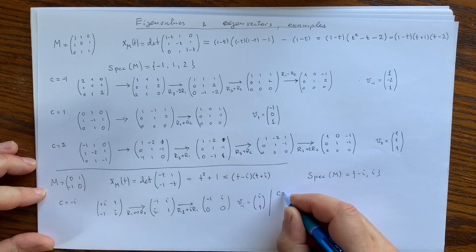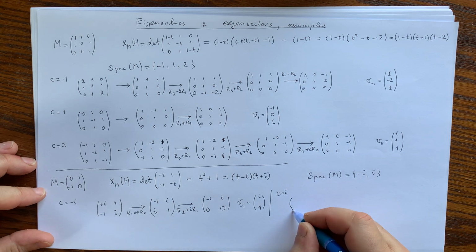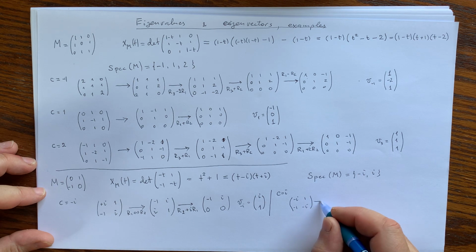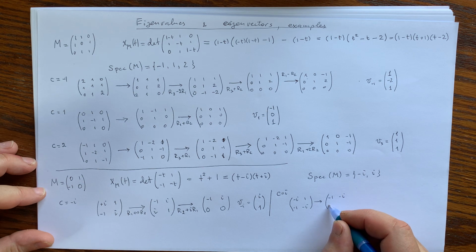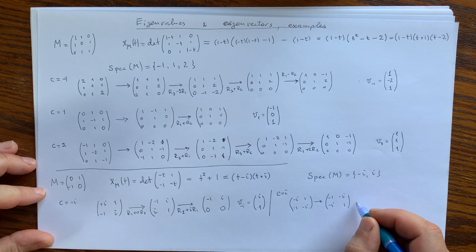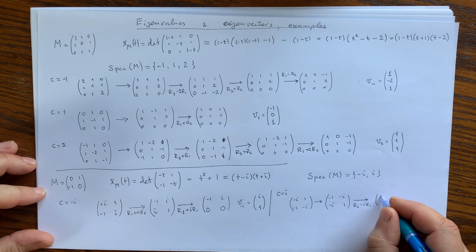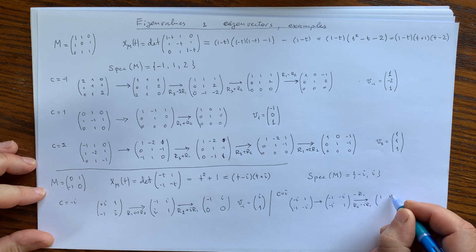The story of i is very similar. We can do it honestly by again subtracting i from our matrix, again swapping the rows, and doing row subtraction, row 2 minus i row 1, and maybe scaling the first row by minus sign.